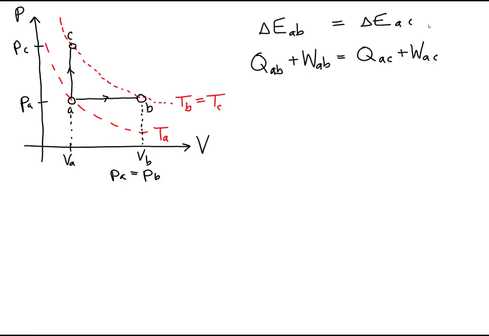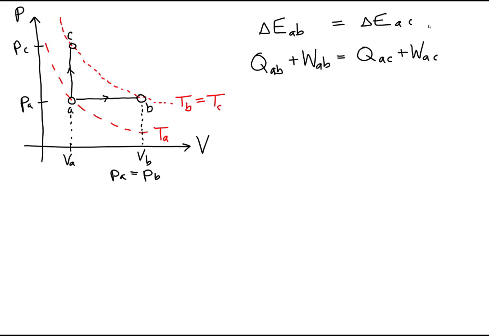Now, we're trying to relate the specific heat at constant pressure to the specific heat at constant volume. So we could relate the two by just first looking at the heat terms.